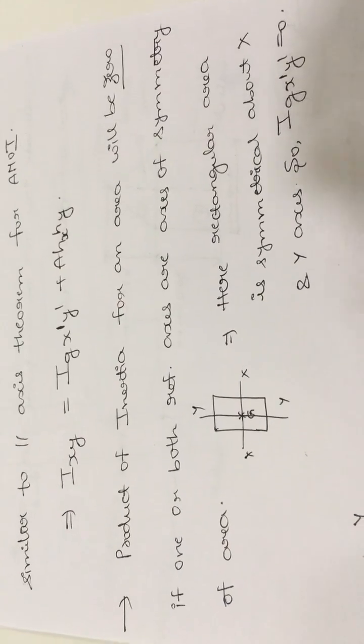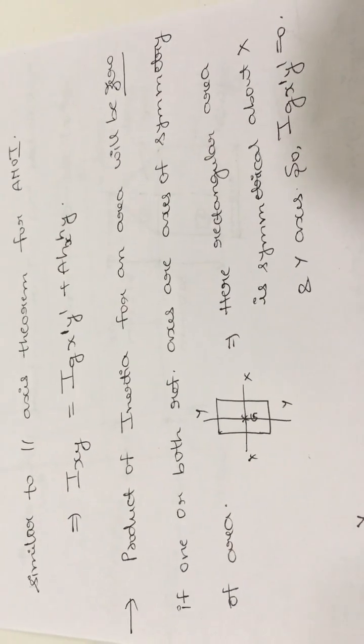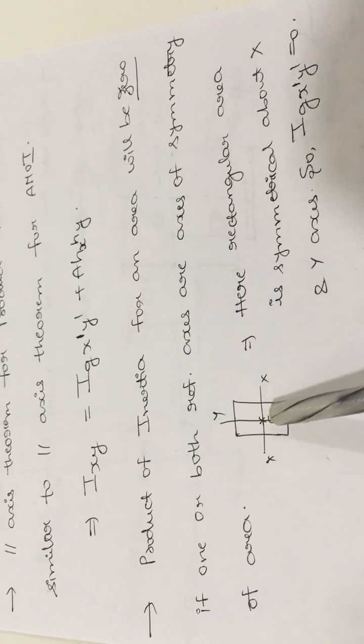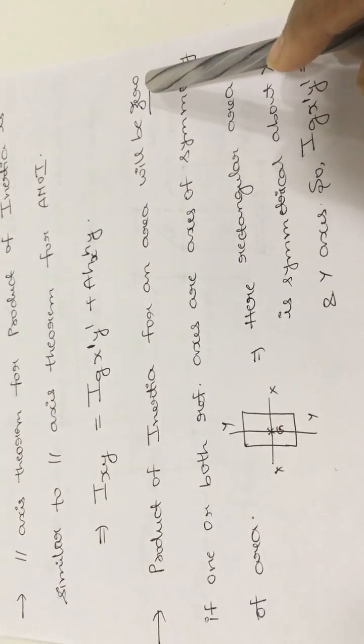Suppose any plane figure is symmetrical about the x axis or y axis or both reference axes, then for that particular plane figure, here the rectangular figure, the product of inertia about its centroid point will be zero only.